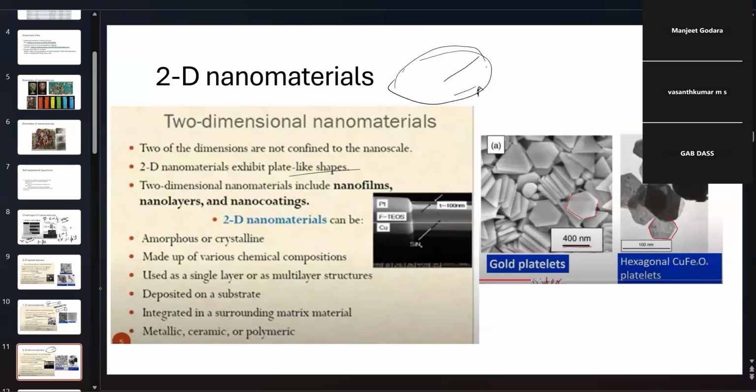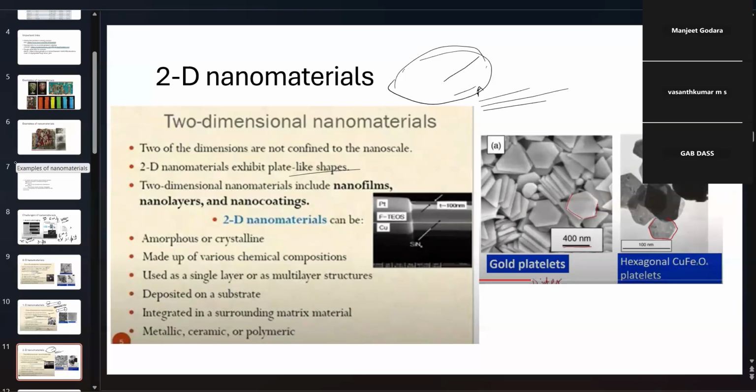But in films, it's more common to have different layers, packed with different orientations, or a substrate with different nano thin films coated on top, of different materials.